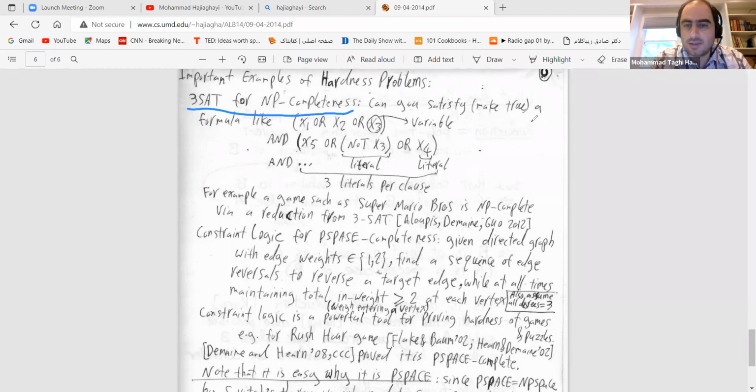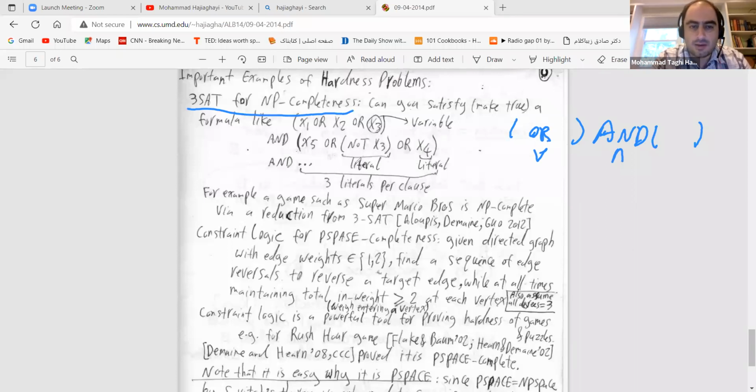Generally, 3-SAT is something like this: an AND of a set of ORs. Sometimes OR is represented by this symbol and AND by that one, so these are equivalent. This is the satisfiability problem that we are considering.